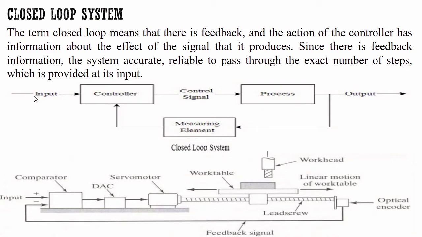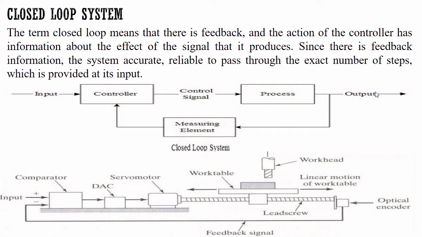So here we have input devices. Input devices give the information to the control unit. The controller unit gives the signals, and these signals are sent to the processes. Processes are nothing but machine tools.